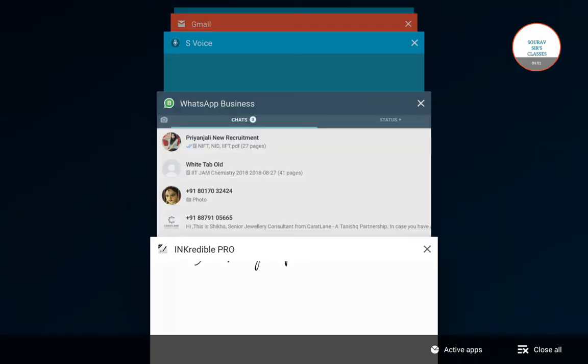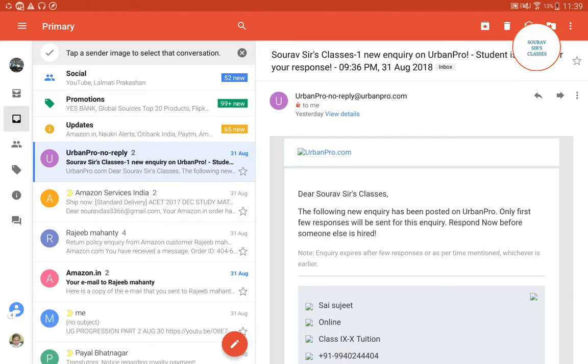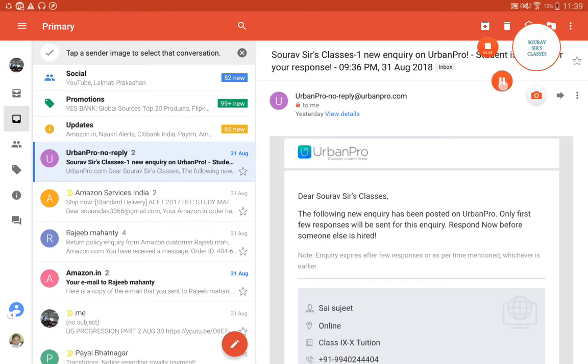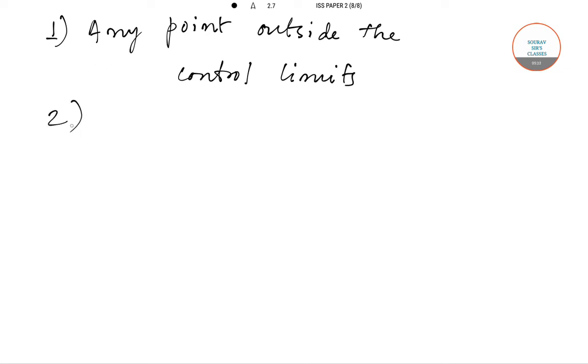Point number 1 is any point outside the control limits, which is accepted as a defect.